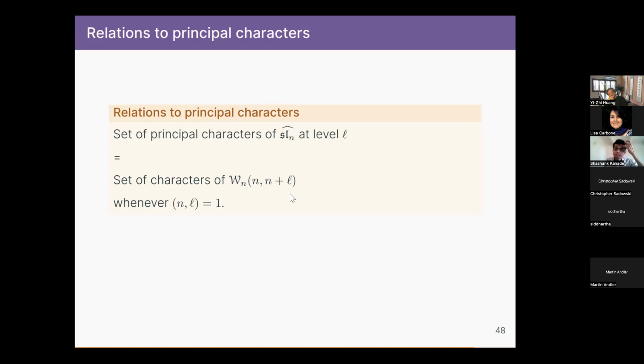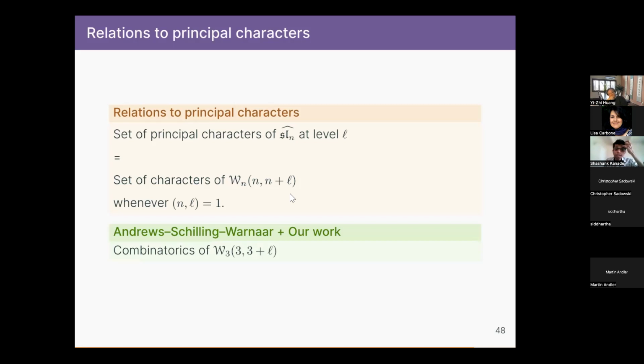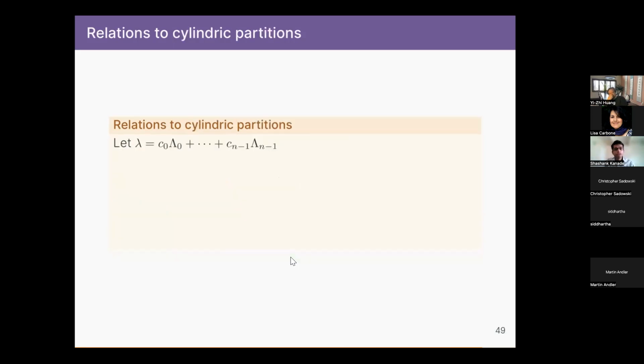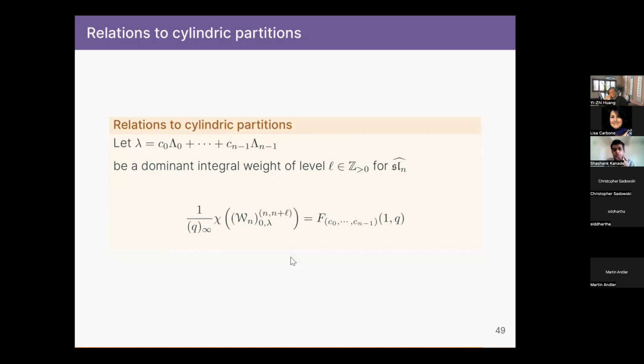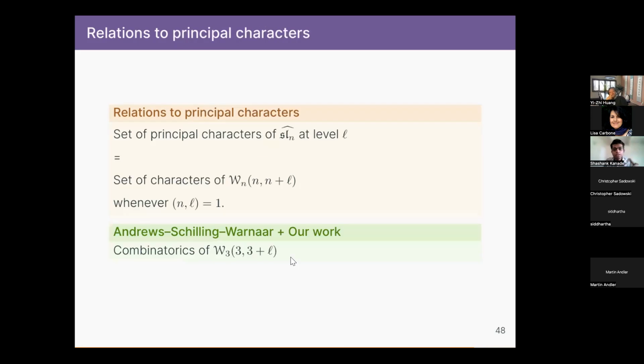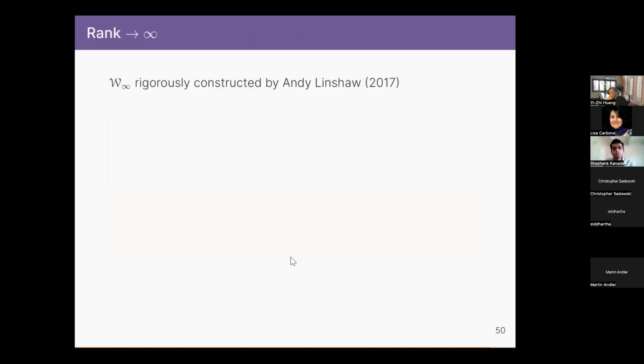So that's another relation, and really our work talks about the W3 algebra at these parameters. This is also related to cylindric partitions. I'll skip that at the moment. You can believe it already, because principal characters of SL_N hat were related to cylindric partitions and they are related to the W algebra, so there is some relation.